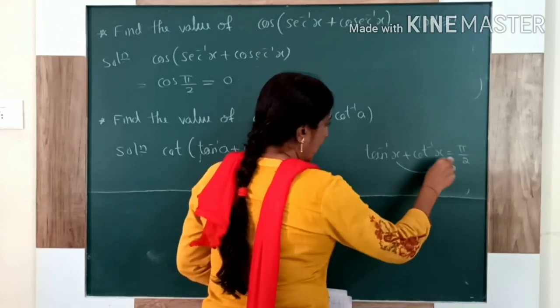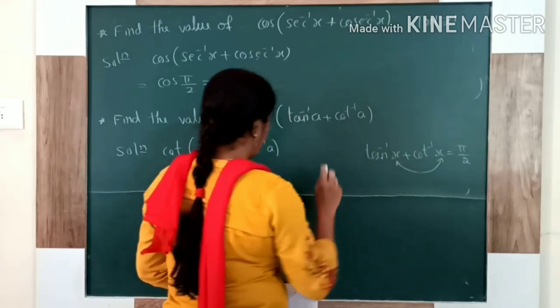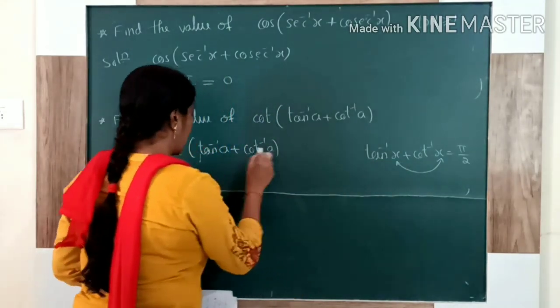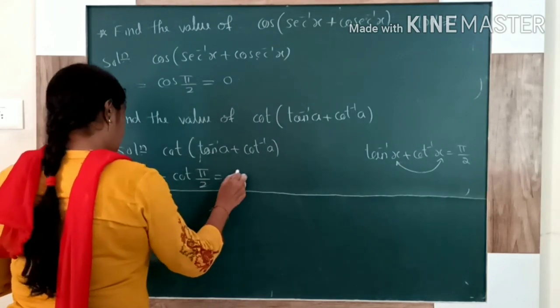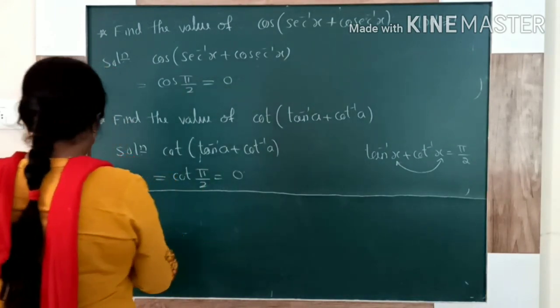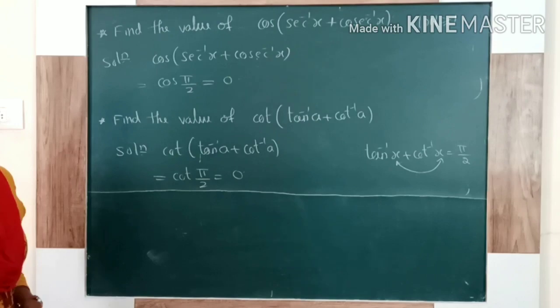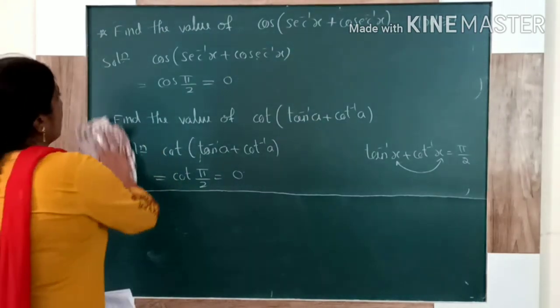If these two are together, the value is pi by 2. Instead of x we have A, so directly you can write pi by 2. What is cot pi by 2? Cot pi by 2 is also 0. Now I am giving you the next examples.